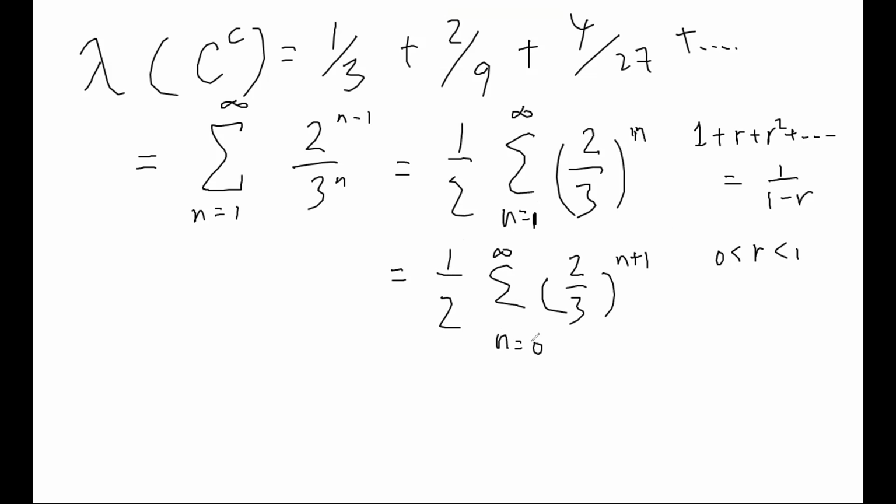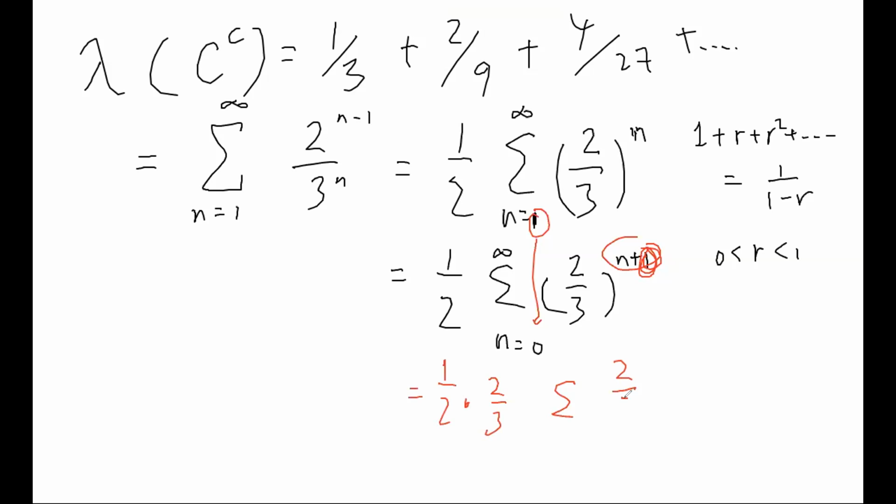The usual operation: if you subtract 1 on the index, you add 1 on the summand. This is a constant, so you can take out 2/3.